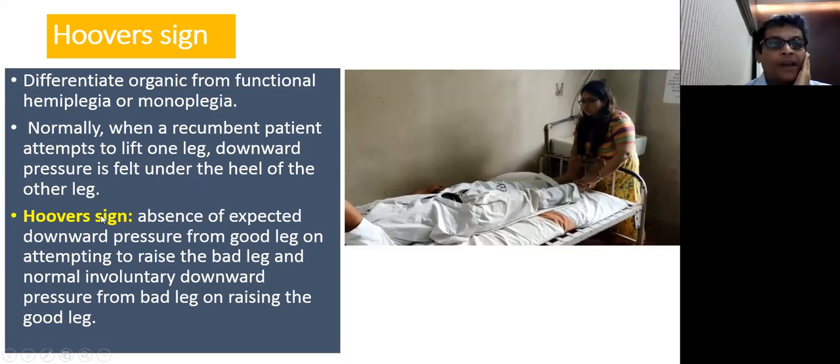The absence of expected downward pressure from the good leg while trying to raise the bad leg, and normal involuntary downward pressure from the bad leg while raising the good leg. So again I will repeat, absence of expected downward pressure from the good leg while trying to raise the bad leg. So please see the video again.